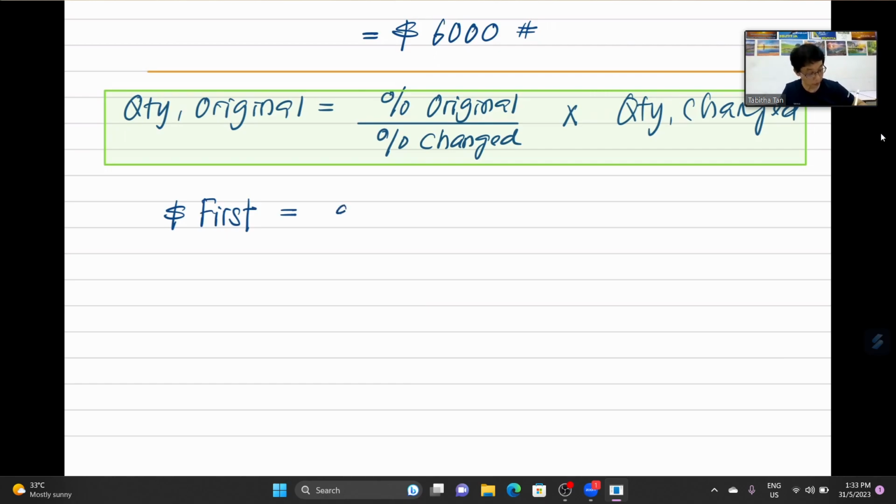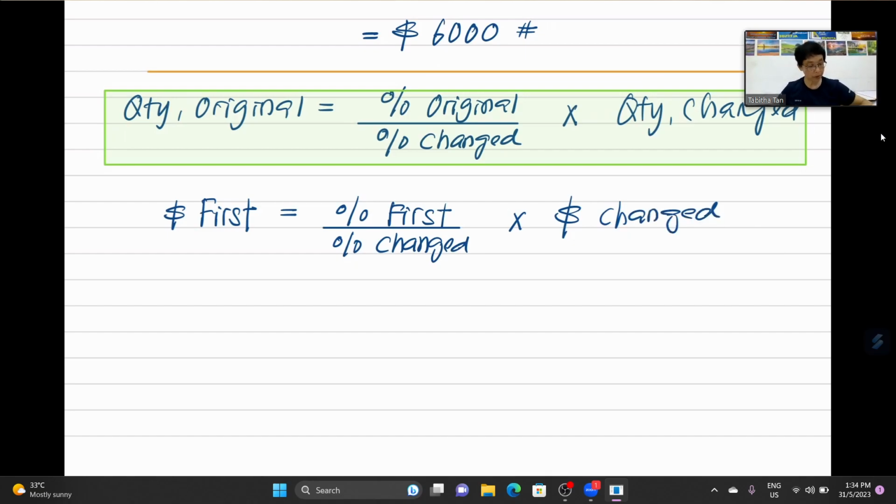Therefore, you put in the percentage when he paid for the first house. What is it? 100%. Exactly. And what is the percentage that the tax has changed? Then you multiply by the dollar amount that has changed.